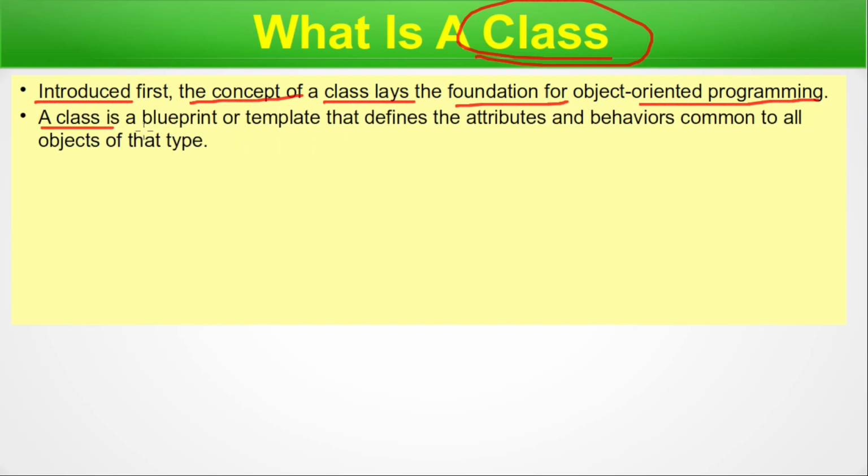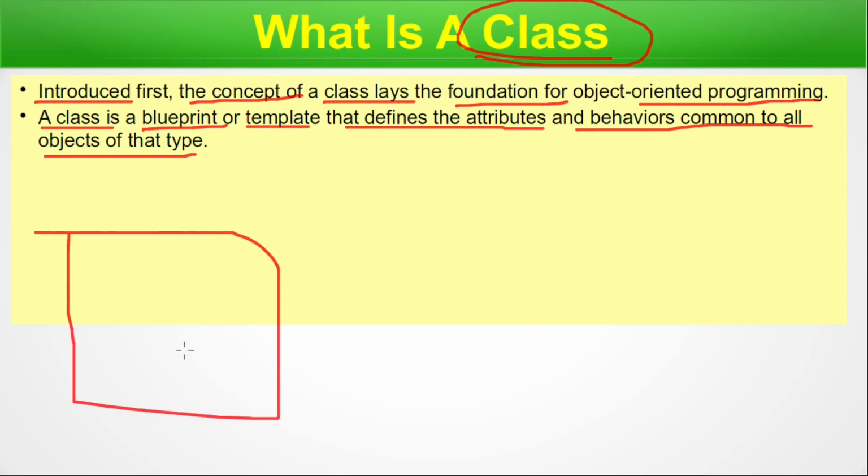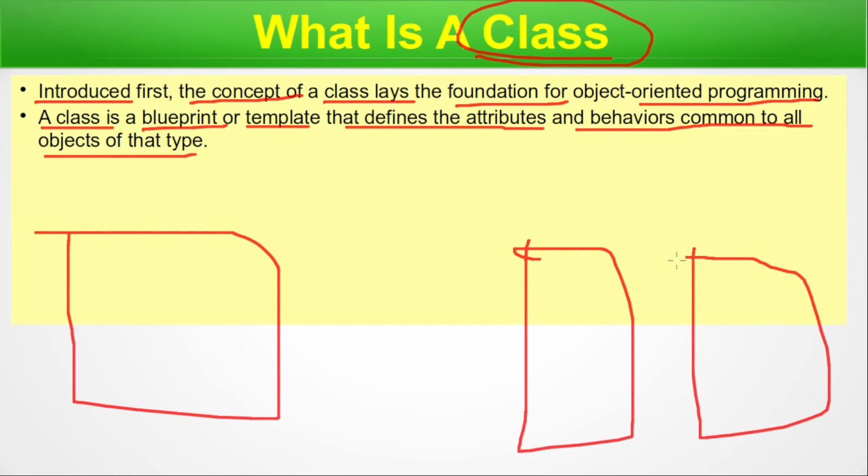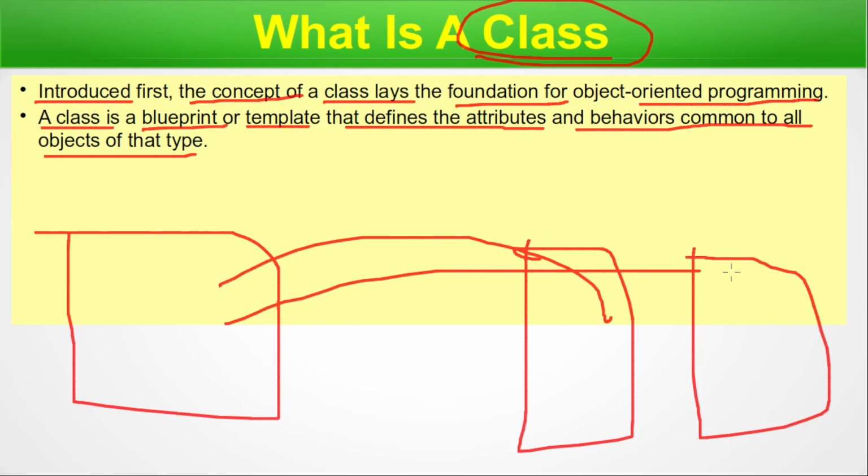It's the foundation of object-oriented programming. A class is the blueprint or template that defines the attributes and behaviors common to all of the objects. So this is a kind of blueprint, or you can say a generic structure of the objects. Here all will be generic, and when we are instantiating objects, they will have specific data as per their own individuality.